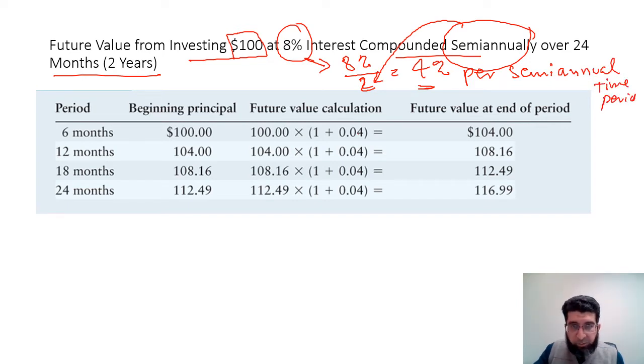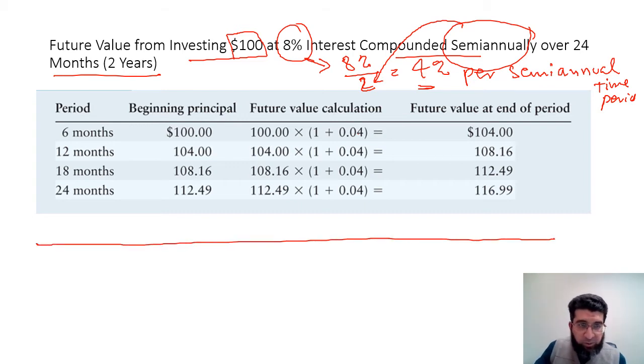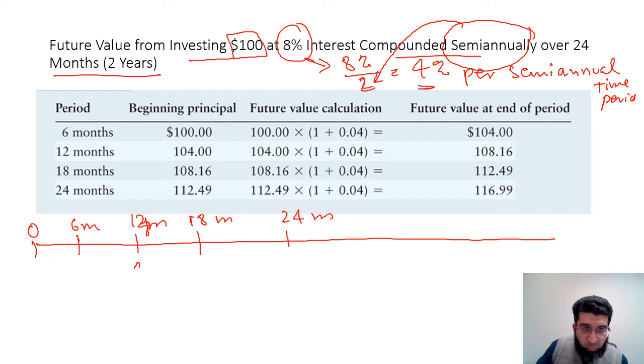With this, we have a timeline like this, which starts with 0, then 6 months, then 1 year, which is 12 months, then 18 months, and then 24 months. This is 1 year, and this is 2 years.